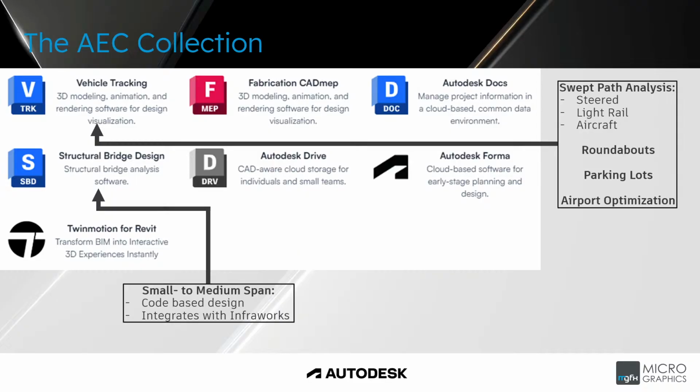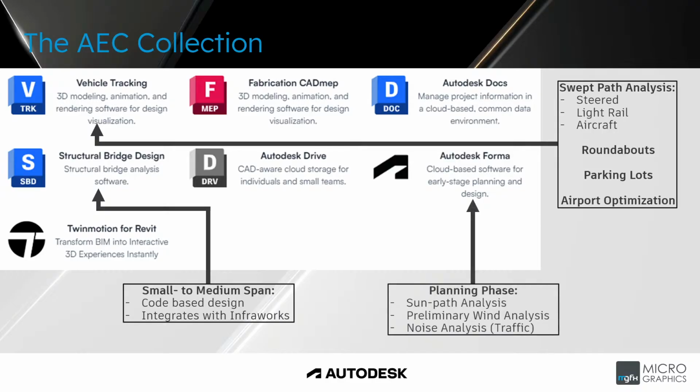Further to its functionality, you have the design of roundabouts, parking lots, and it can also be used for airport optimization. So that's now with the taxiing of planes, with your support vehicles, etc. So really a very cool program, which also integrates with Civil 3D and AutoCAD, and we'll chat a bit about that a bit later down the line.